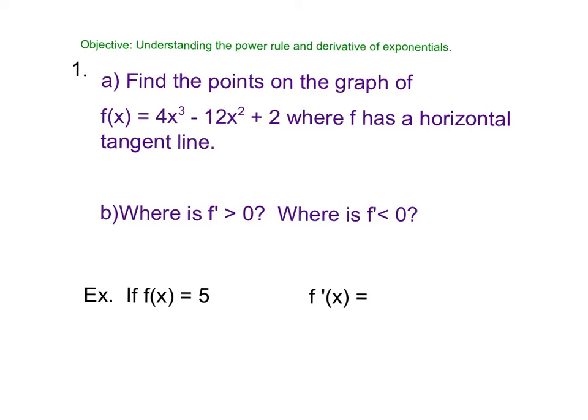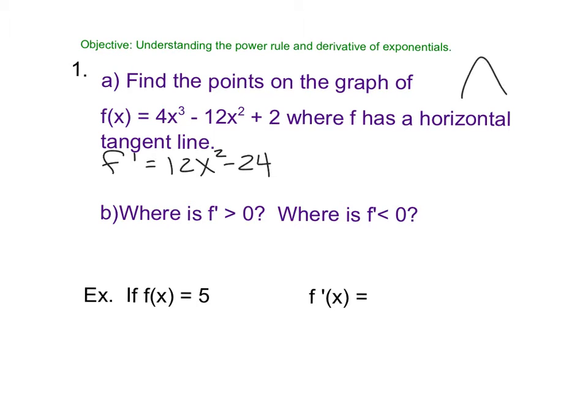All right, so let's do a little review of yesterday. So pause the video and try this problem. F of x is 4x cubed minus 12x squared plus 2, where f has a horizontal tangent. So it wants to know where's the derivative equal to 0, right? Try it. So the derivative is what? 12x squared minus 24x.